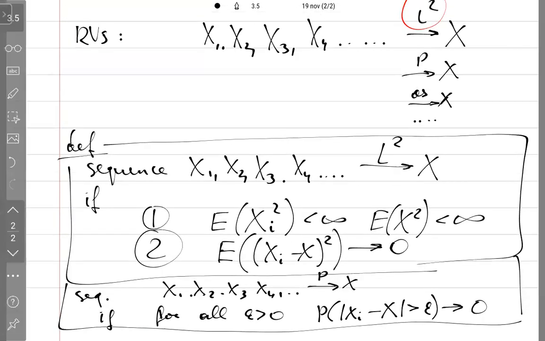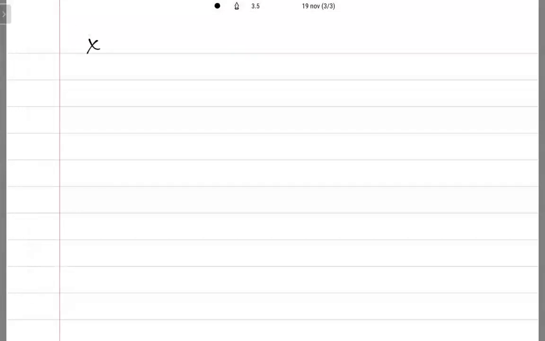Okay, so let's continue. I provide an example that shows this with random variables and sequences. Less than infinity means finite. Example: we toss a fair coin an infinite number of times.